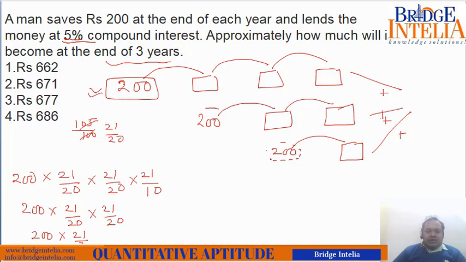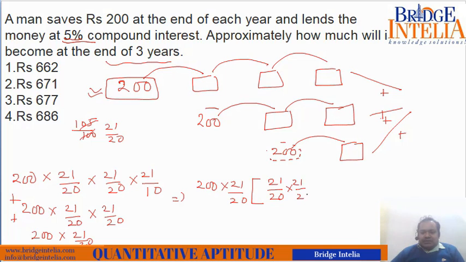Third amount, only for 1 year. If you add these 3 values, you can take 200 into 21 by 20 as common. So 21 by 20 into 21 by 20 plus 21 by 20 plus 1.